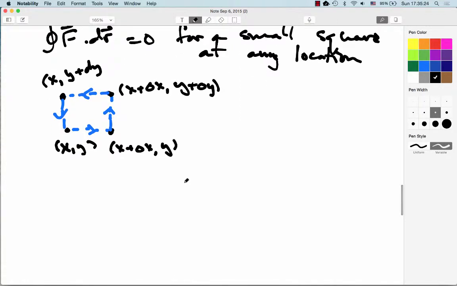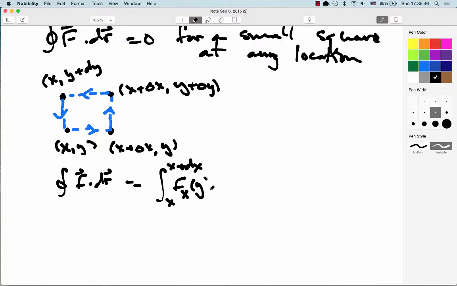So for my integral, the integral of f dot dr, I break this into 4 integrals. The first of them is going to be an integral from x to x plus delta x of f sub x at y dx.